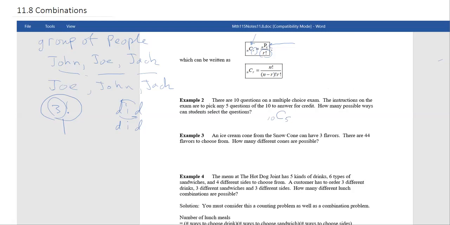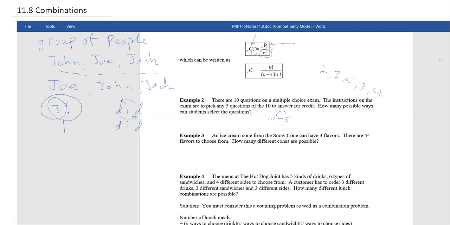In other words, one student might pick his order as 3, 5, 7, 2, and let's say he picks a 4 here at the end. So he might do these questions in that order.